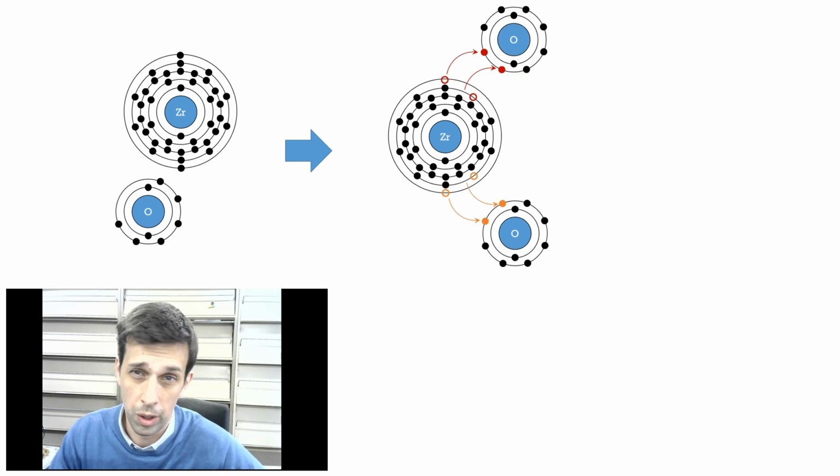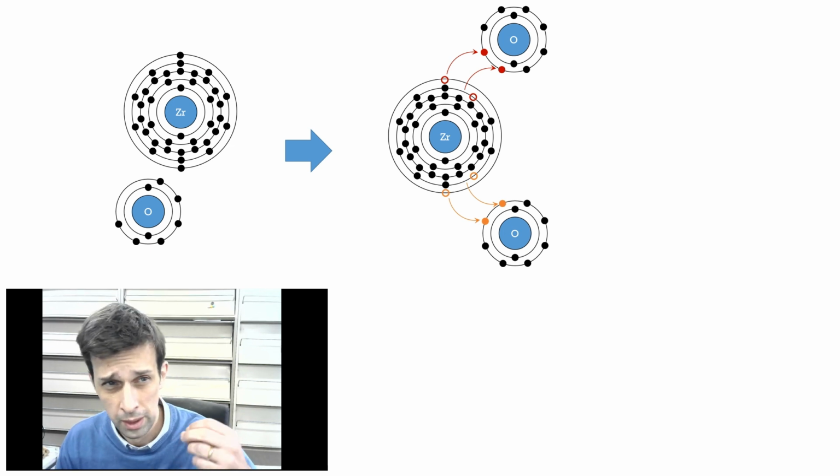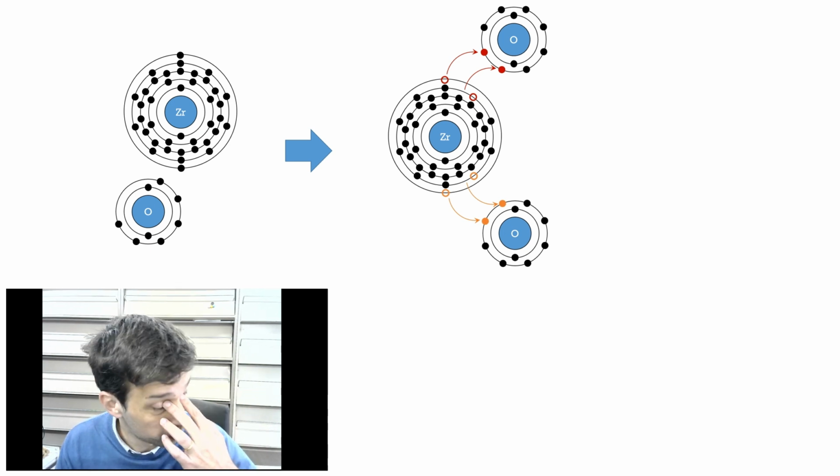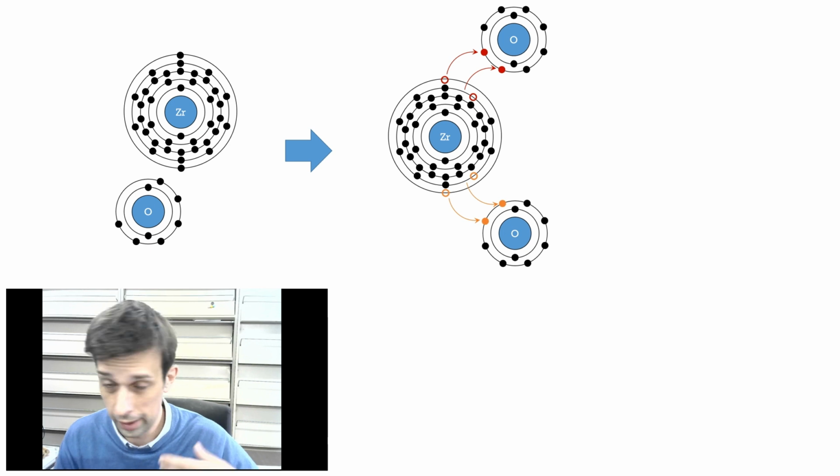Let's take another example, the opposite example, a beautiful example in material science, which is zirconium oxide. In this case, to complete the outer shell, zirconium has to donate 4 electrons. So it can do this with just 2 oxygen atoms and give away 2 electrons to each of the 2 oxygen atoms.